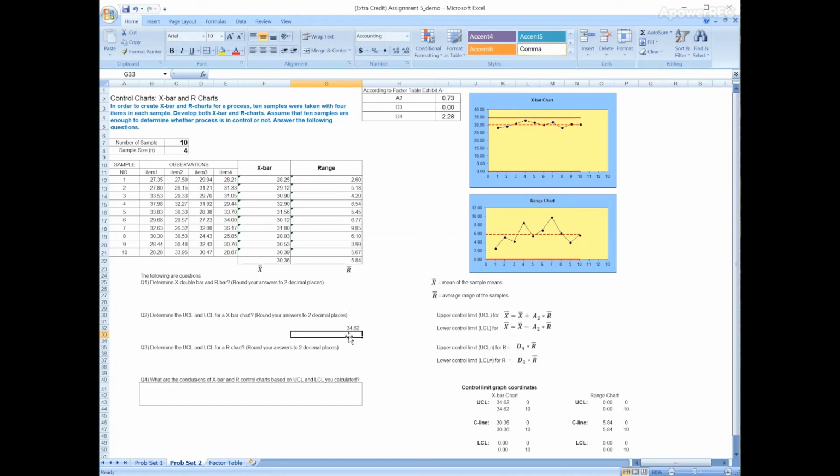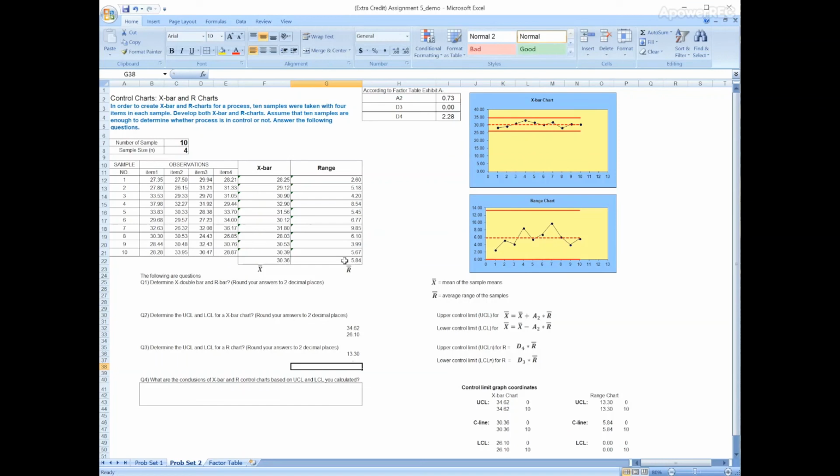Next, the lower control limit LCL for X bar is the difference of the same two values, or X double bar minus A2 times R bar 5.84, equal to 26.1. Next, using the formula for the next question, the upper control limit UCL for the R chart equals D4 times R bar, which is 13.3. The lower control limit LCL for the R chart is calculated by multiplying D3 and R bar: 0 times 5.84 equals 0.